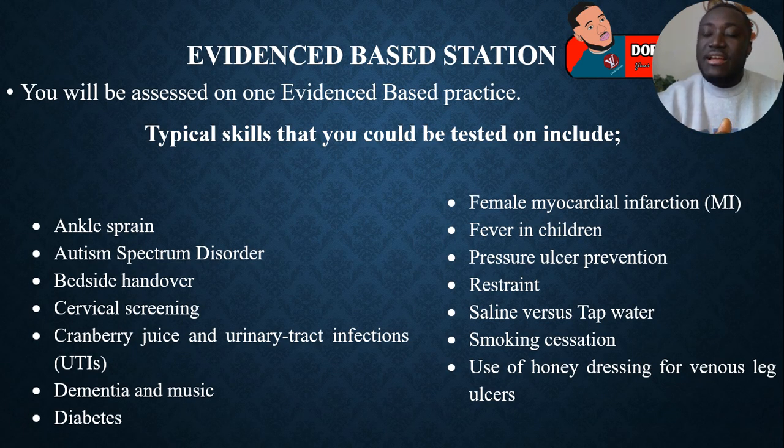Some of the topics that you are likely to be tested on include ankle sprain, autism spectrum disorder, bedside handover, cervical screening, cranberry juice and urinary tract infections, dementia and music, diabetes, female myocardial infarction, fever in children, pressure ulcer prevention, sterile saline versus tap water, smoking cessation, and use of honey dressing for venous leg ulcers.